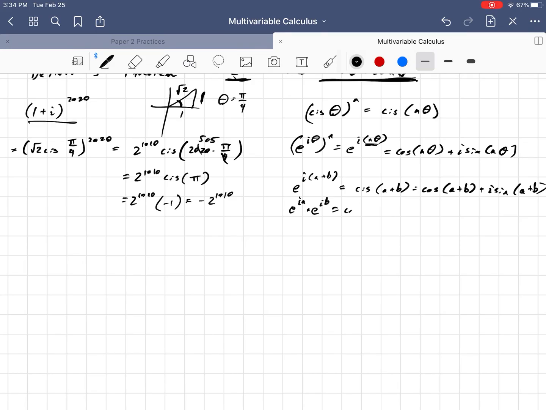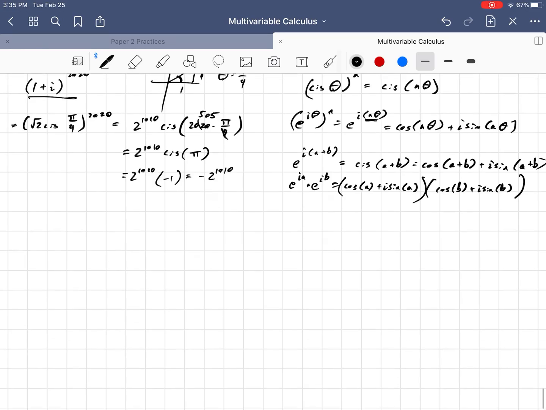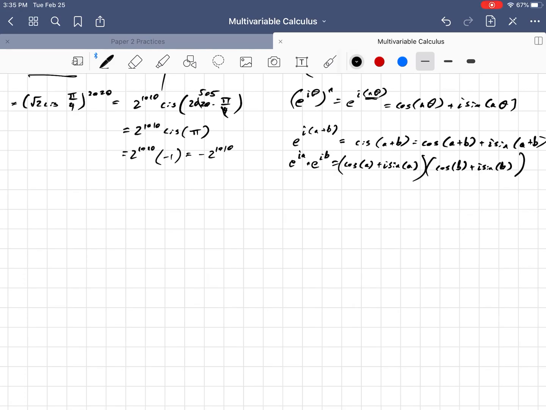Okay, sorry, which is cosine A plus I sine A. I think this is how I did it. And then these are being multiplied, so times cosine of b plus I sine b. I am pretty sure this is how I did it. This is ringing a bell to me.